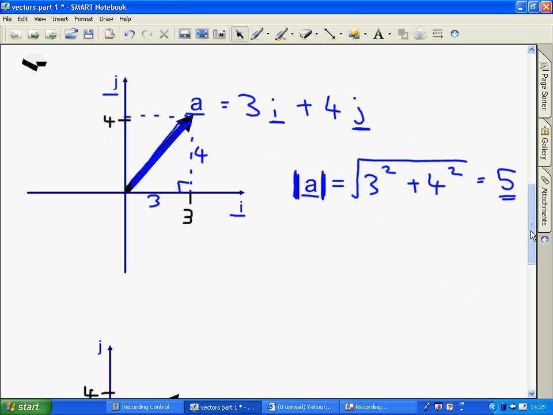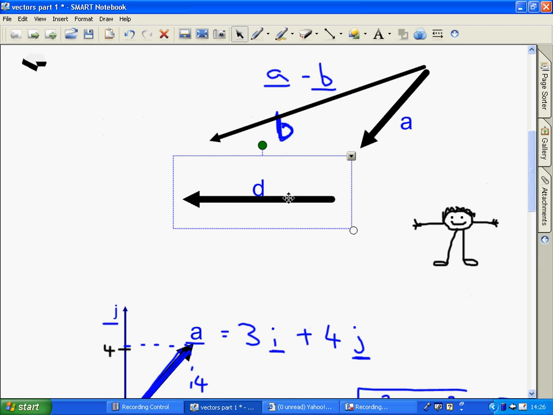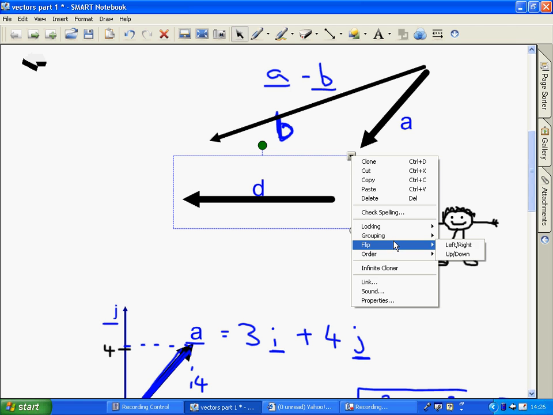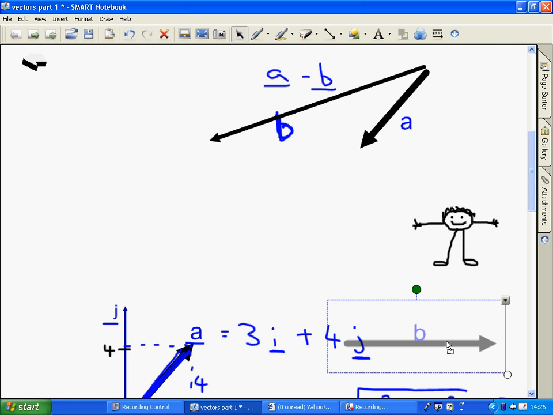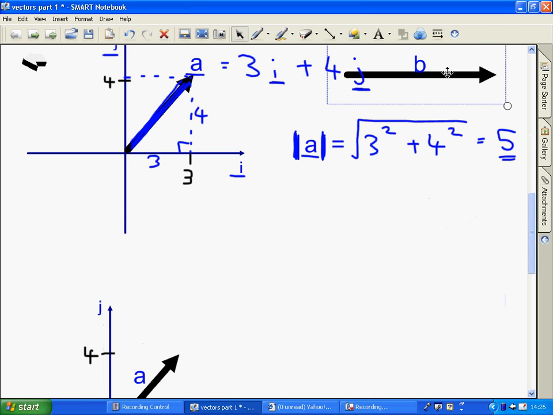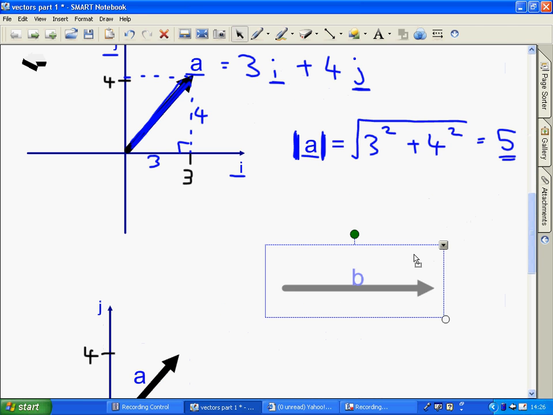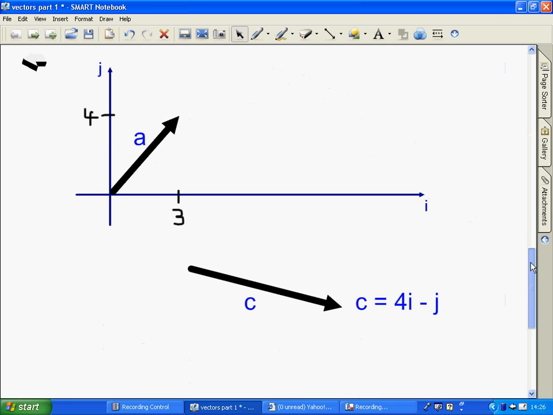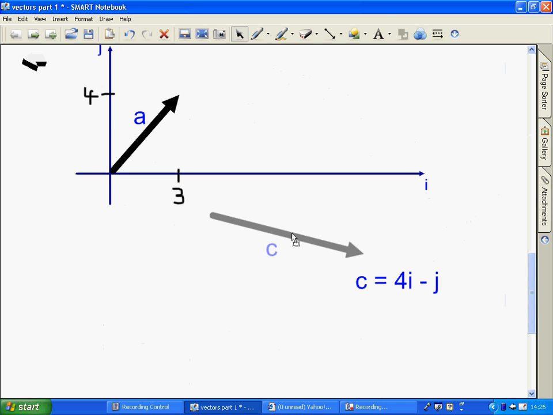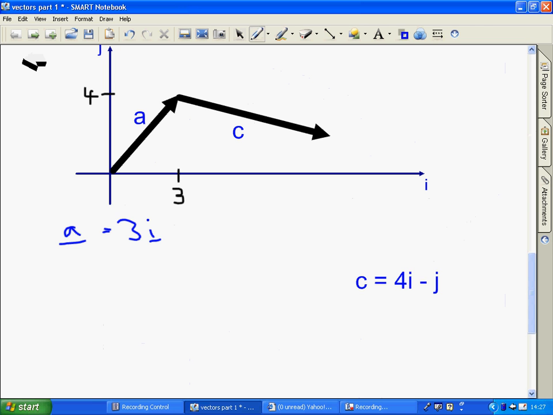Now we can also add and subtract vectors in their i and j sense. If we take the vector b down to this example, no, let's leave it there for a moment. Oh, we've got a vector c that we'll use. Let's take the vector c and see what happens when we add it to vector a. Now, vector a is 3i plus 4j, as we can see from the diagram. Vector c says here is 4i minus j.